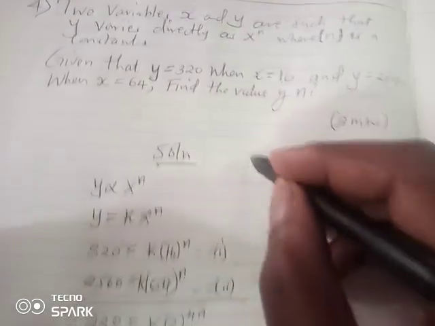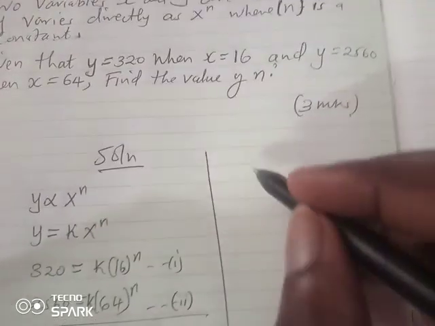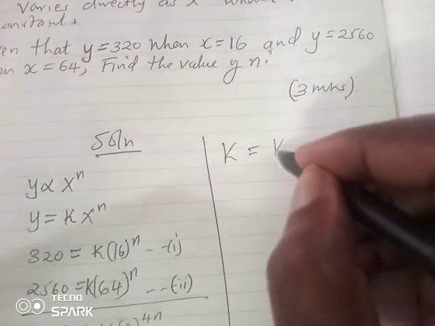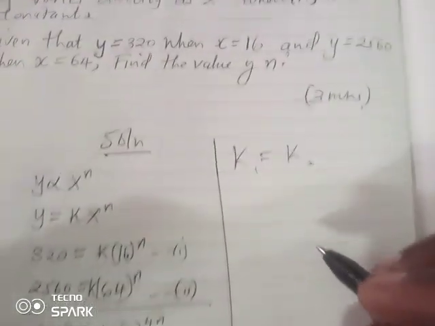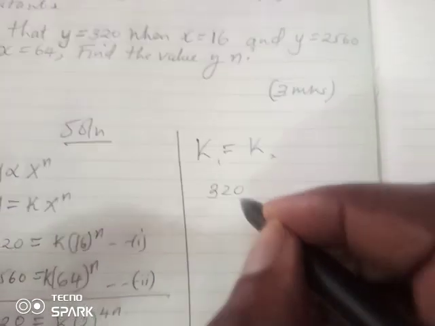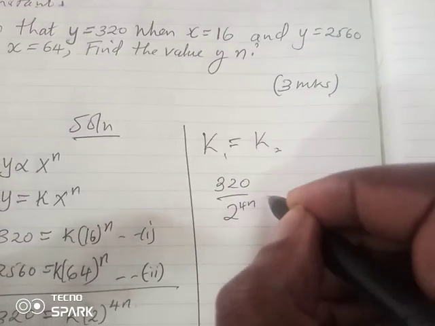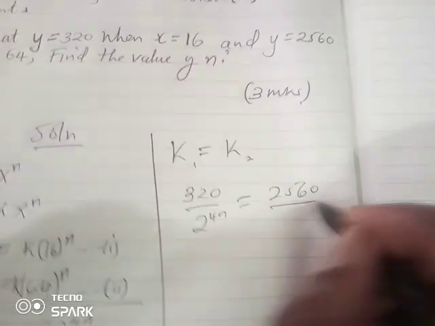So both of them are representing k, and therefore we are going to equate them. So k in the first case is equivalent to k in the second case, and therefore we are going to equate 320 over 2 power 4n, which should also be equivalent to 2560 all over 2 power 6n.